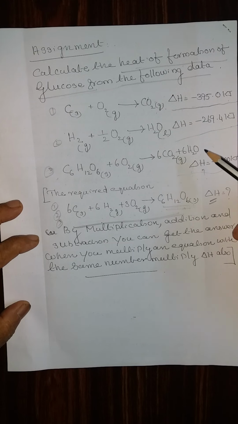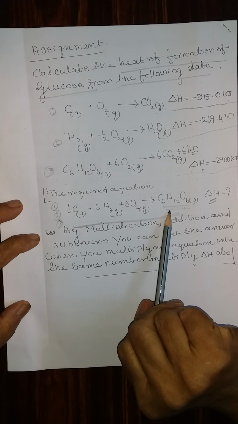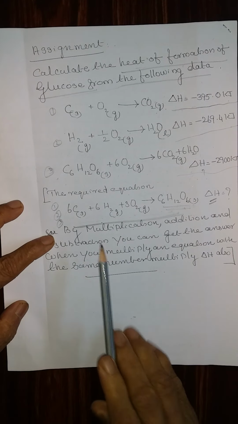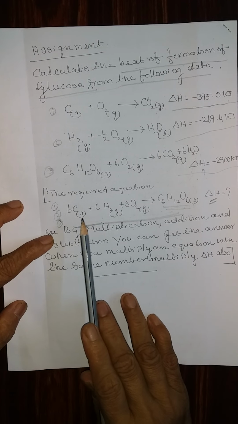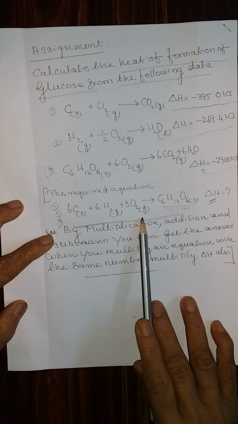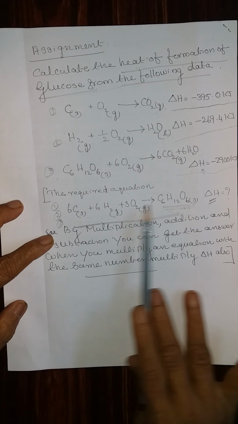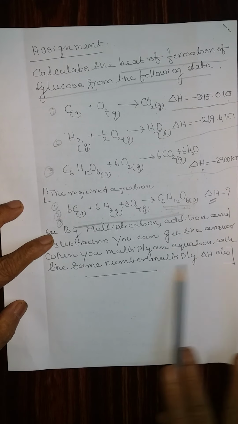From the definition, we know that the heat of formation is of a compound from its elements. Therefore, write the equation: carbon, hydrogen, oxygen combine together to give glucose, and balance the equation. This will not be given for your examination.